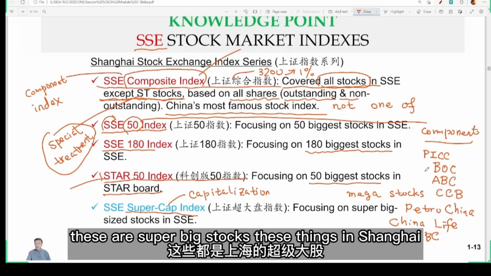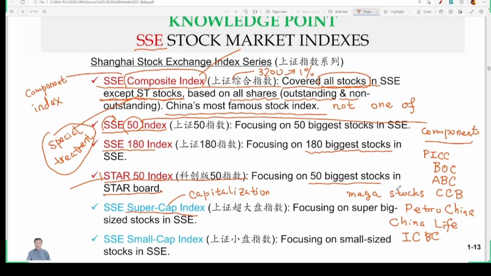These are super big stocks listed in Shanghai.